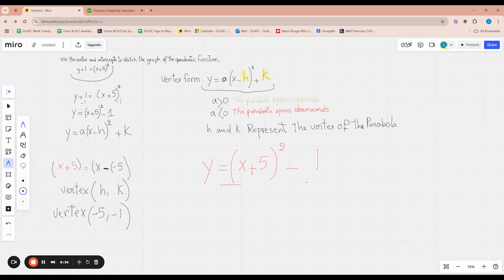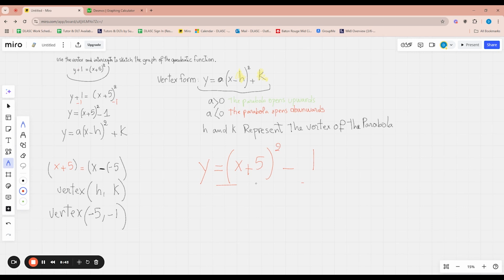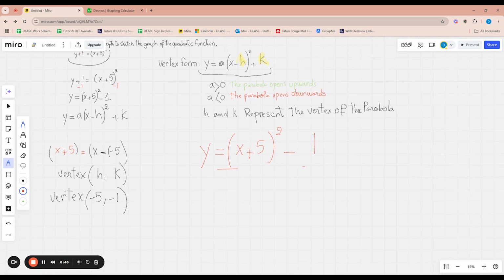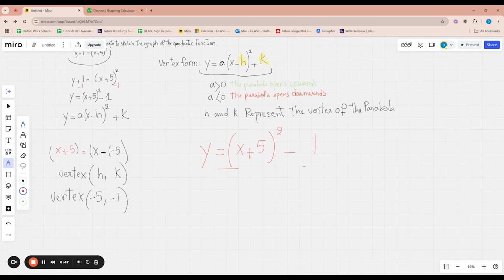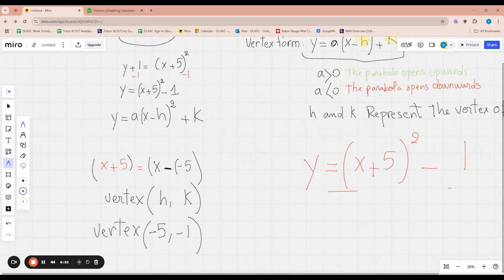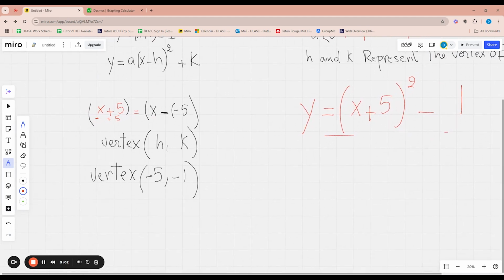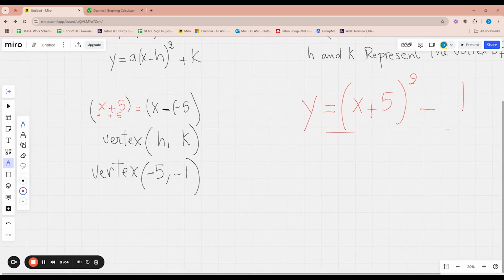As we have in our vertex form, h is subtracted, so this is not a positive 5. Actually, it's negative 5, because h is subtracted. As I said, x + 5 is actually x minus negative 5, which gives us plus 5.